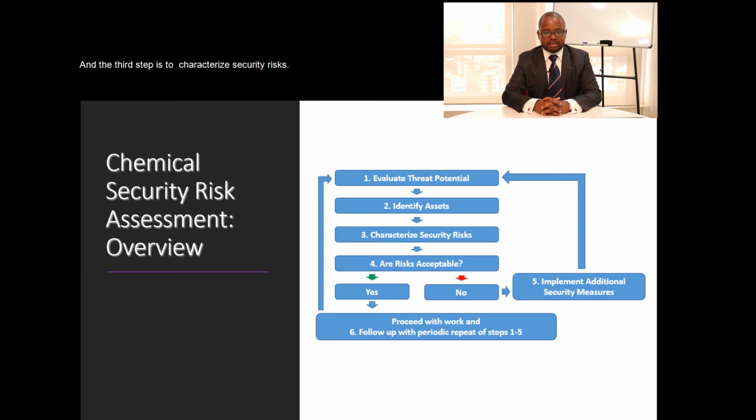And the third step is to characterize security risks, which is again looking at the likelihood and the consequence of a threat accessing the chemicals. Then the fourth step is determining whether the risks are acceptable or not. If they are acceptable, we proceed with our usual operations. If the security risks are not acceptable, then we implement additional measures until we reach a situation where we have acceptable risk.